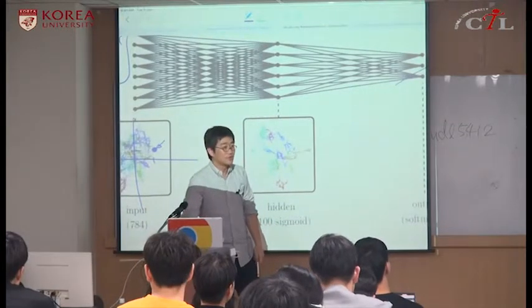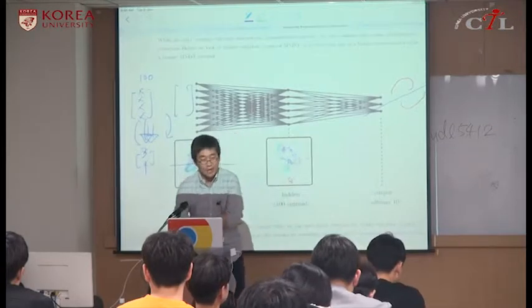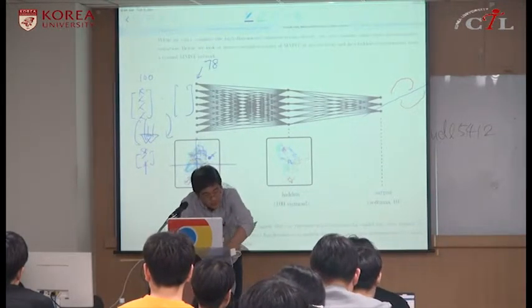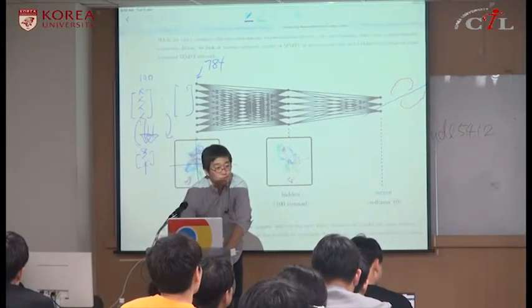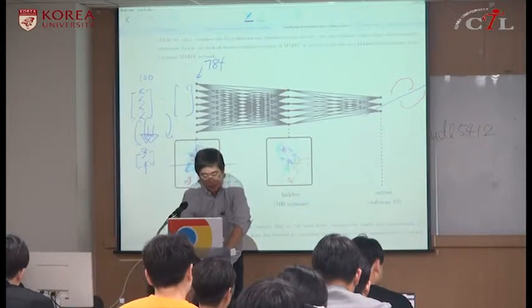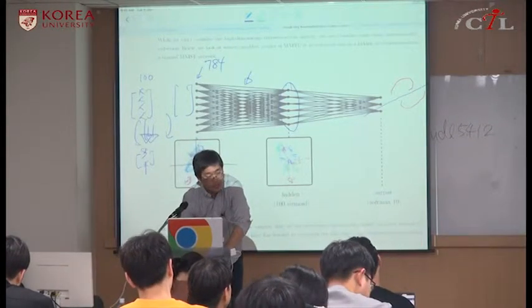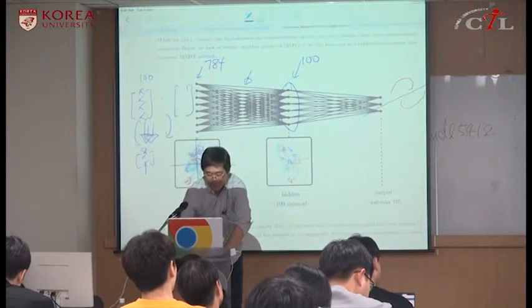But once we go one layer further in our neural net, in the case of the MNIST digit example, the input is composed of 784 nodes, and suppose we add a fully connected layer with 100 nodes.